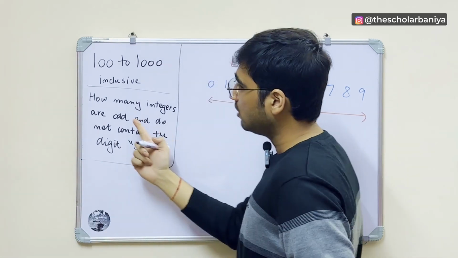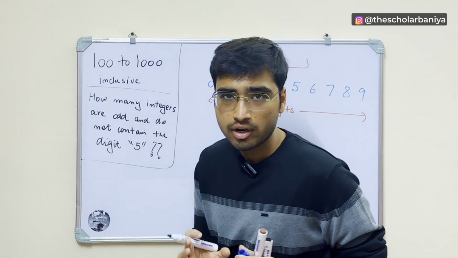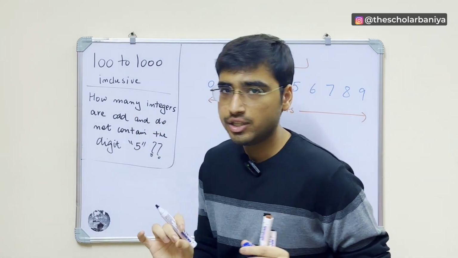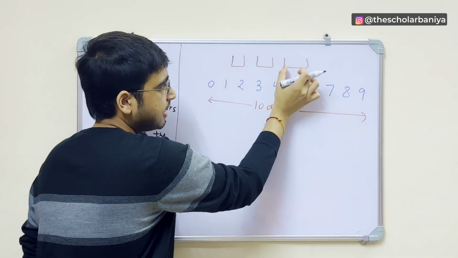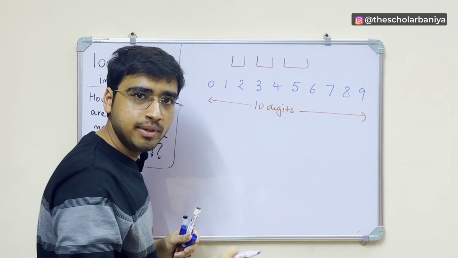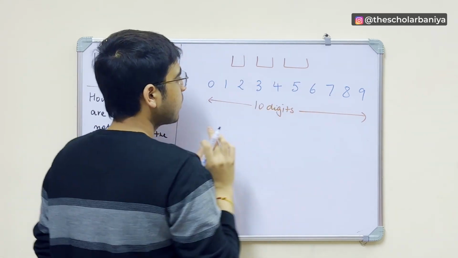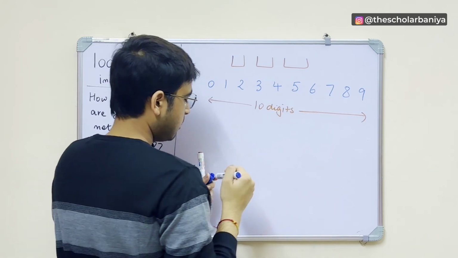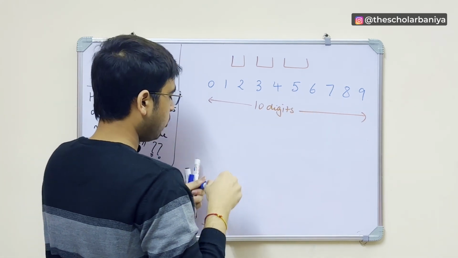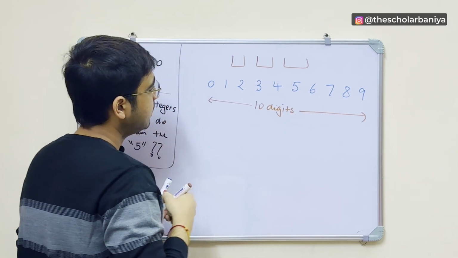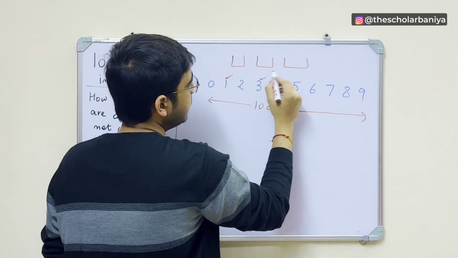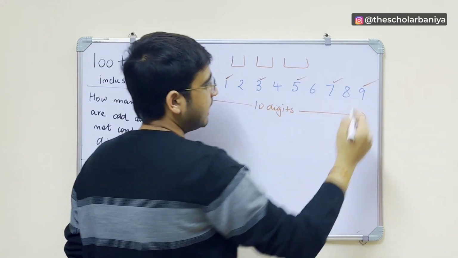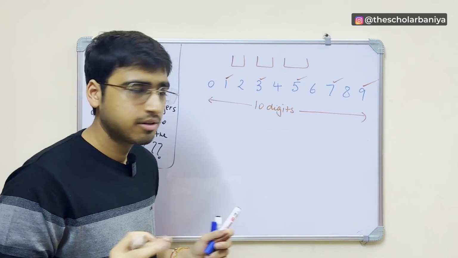So now in this question, we are asked how many integers are odd. That means the last digit should be an odd number. Now, what are the possible odd digits? It can be 1, 3, 5, 7, 9.